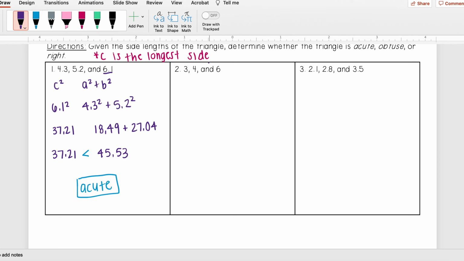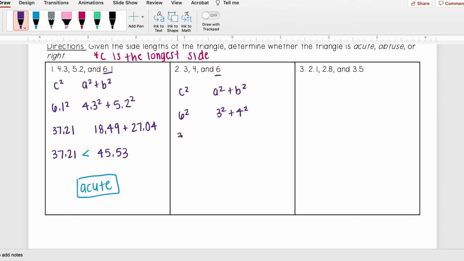Okay, let's try another one. So here I have 3, 4, and 6. My longest side here is 6, so that means that needs to be on the left with my c squared. So I have 6 squared, and then we'll compare that to 3 squared plus 4 squared.